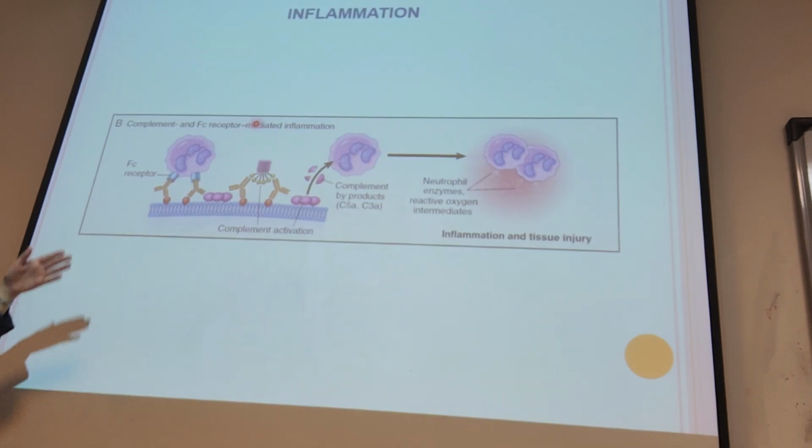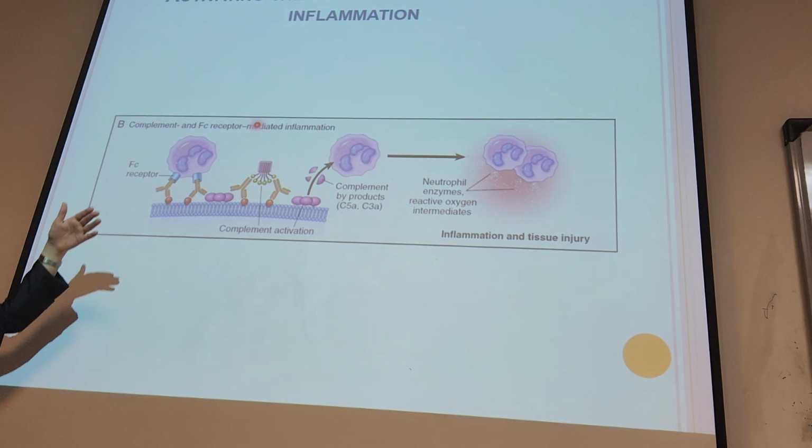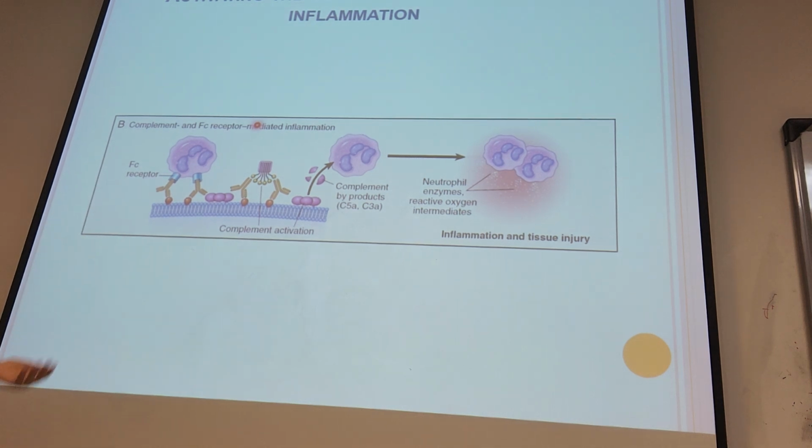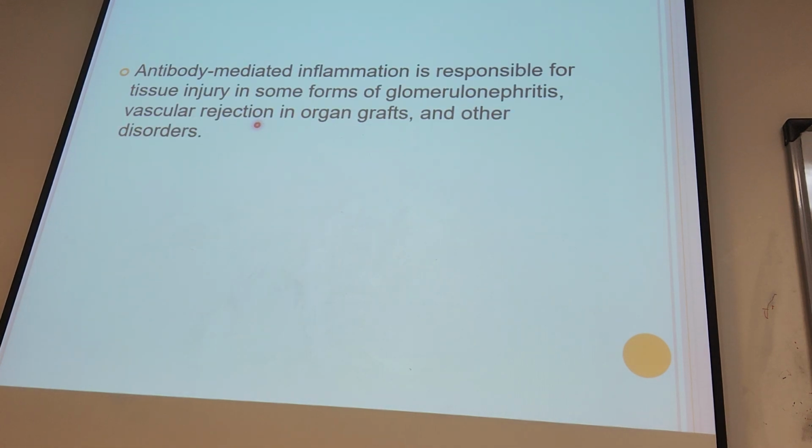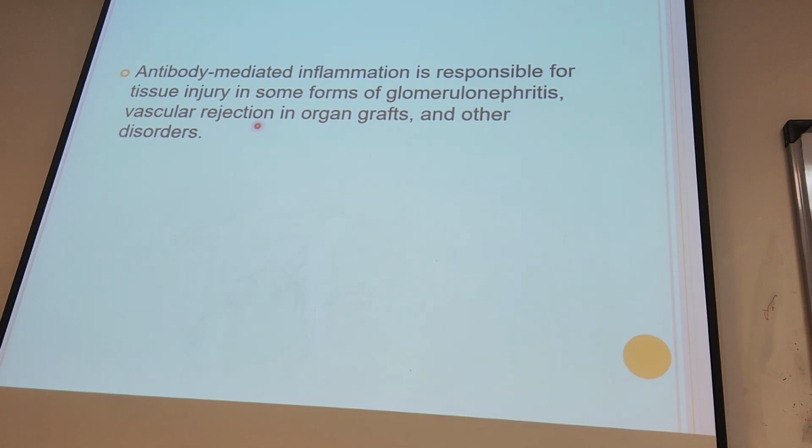Okay. And sometimes, as I told you, we have activation of complement system. For example, in organ grafts and, for example, glomerulonephritis, we have this type of antibody-mediated inflammation by activation of complements. You will have the graft part in the next sessions.